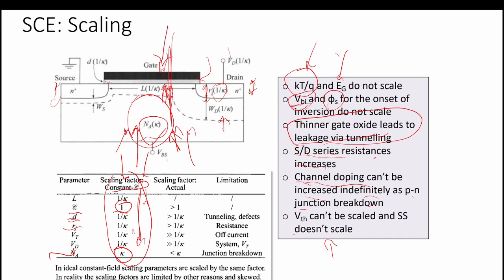If we apply more drain voltage or more gate voltage, there will be a very high gate leakage current. That is undesirable. So VTH cannot be scaled actually.